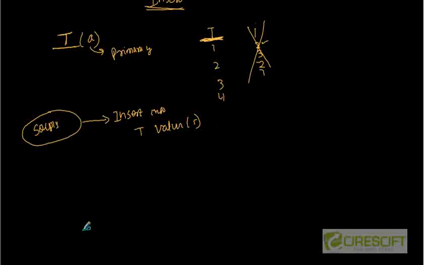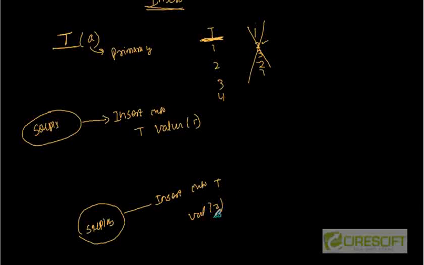I have another SQL*Plus, and from that SQL*Plus I'm going to insert into T values 2. In that case, this is going to be inserted and this is going to be inserted, but remember we have not committed. Now in this SQL*Plus I'm going to do another insert into T values 1.